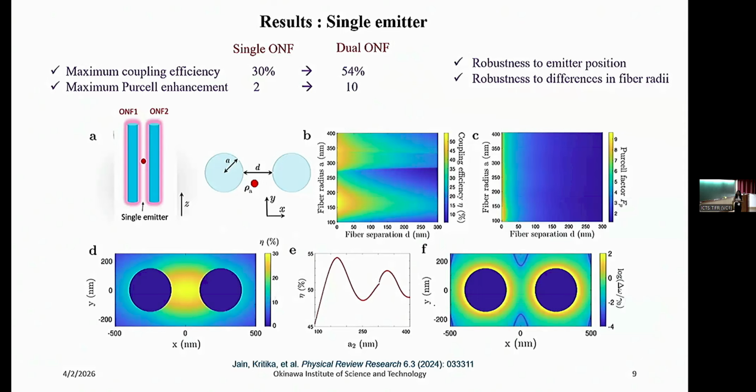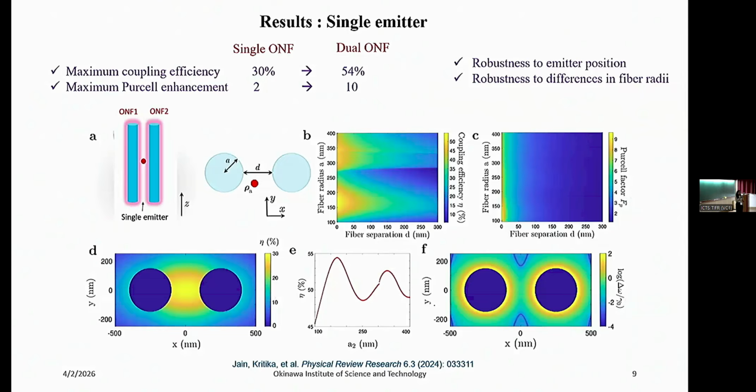Now we move to the results for a single emitter trapped between two parallel nanofibers. So the main result is that maximum coupling efficiency can go up to 54% for touching fibers, compared to 30% in a single nanofiber. And also the maximum Purcell enhancement can go up to a factor of 10. So in panel B, we scan the coupling efficiency with fiber separation, that is D, between the fibers and the fiber radius.